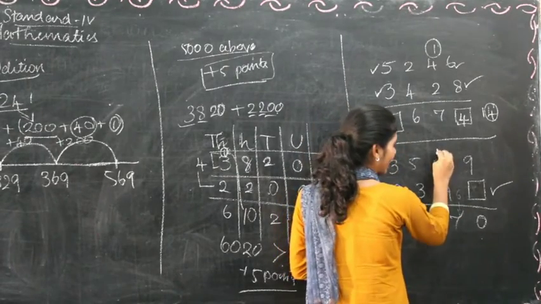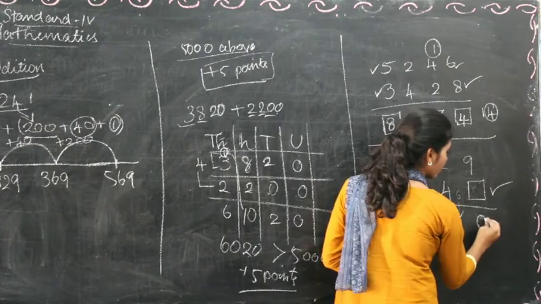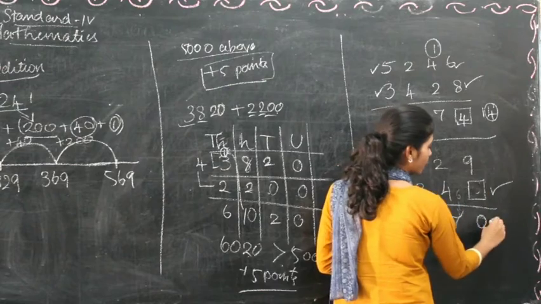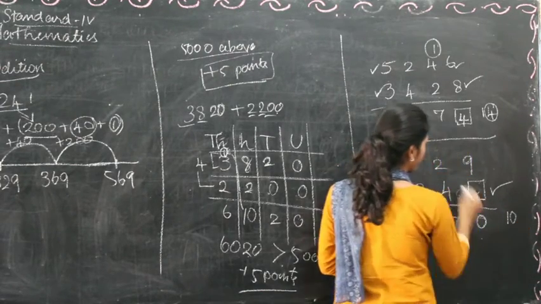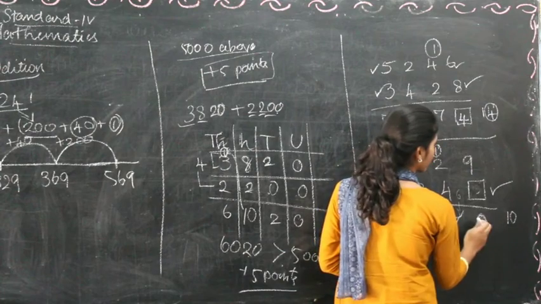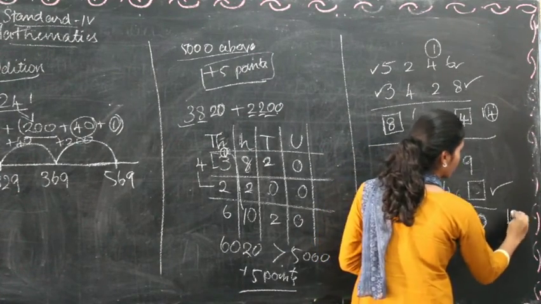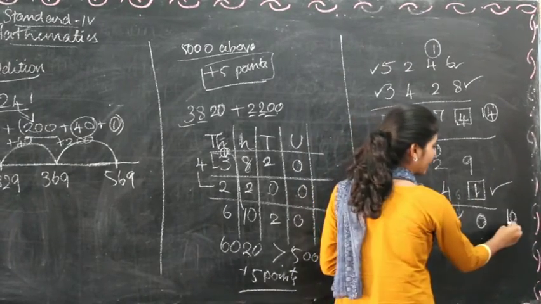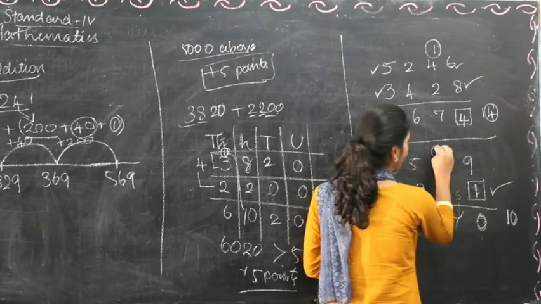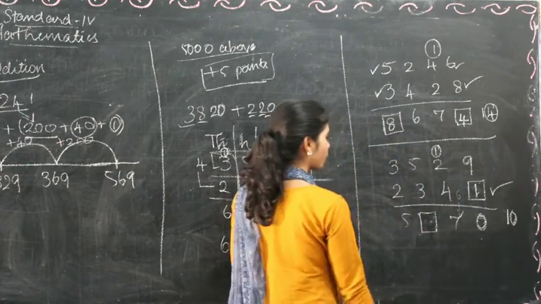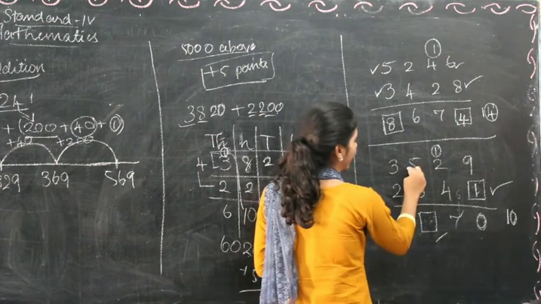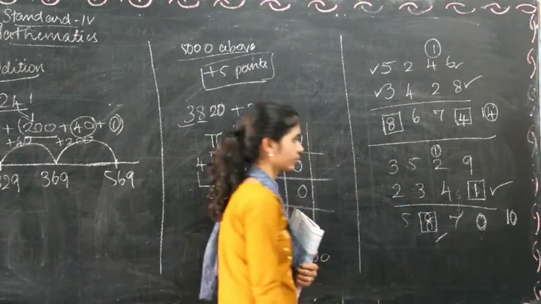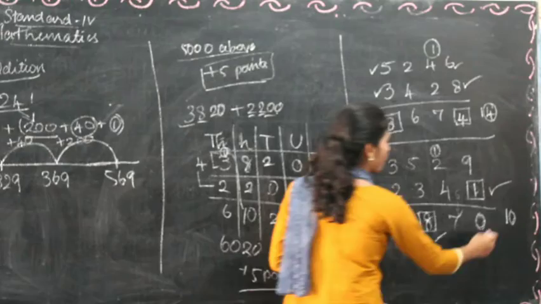So you need a carry here and you need 0 here. When you put some numbers here, you have to get 10, because we have a carry here and then 0 here, which means we have 1 and then 0. 9 plus 1 will be 10. So we are going to put 1 here so that we can get 10 and put 0 here and 1 on the top. Next we are going to fill this one. 5 plus 3 will be 8. So this is how you solve the box problems.